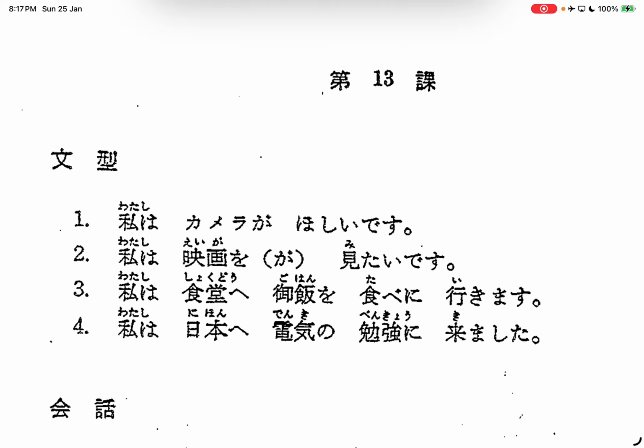However, compared to the rest that we have learned before, they are na adjectives, right? 好き嫌いな上手な下手な. This is our one 欲しいです, 欲しい will be an E adjective. So 欲しい means 要 or rather it means 欲望. It means that you are wishing for it, right? You want. So in this case, we can say 私はカメラが欲しいです.